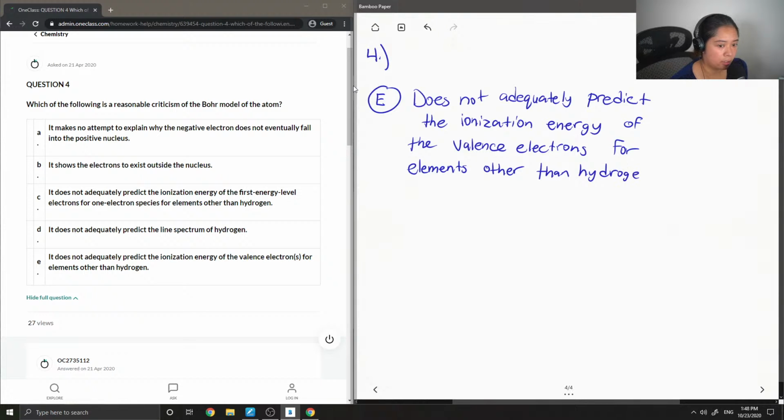Okay, so I'm gonna draw out an example of an element that has a lot of valence electrons. So let's call it element X. Here to draw out its diagram, you can have 8 here. And then if I draw out another one, another ring of electrons.